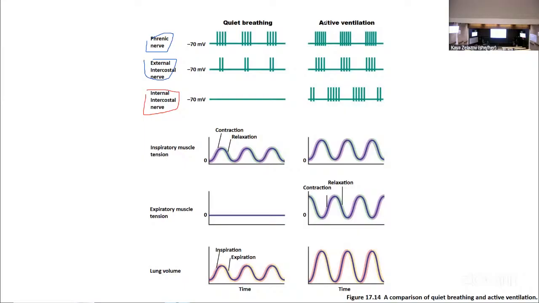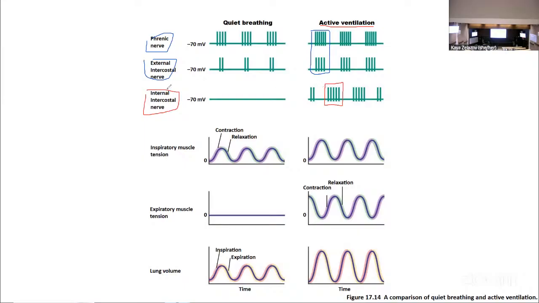But if you're breathing hard, you can see that we have activity both in those inspiratory muscles and their corresponding nerves. But that's offset with during expiration, we're activating those muscles to shrink our chest a lot more forcefully.